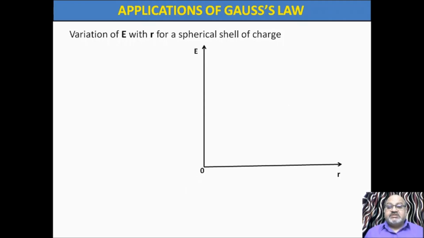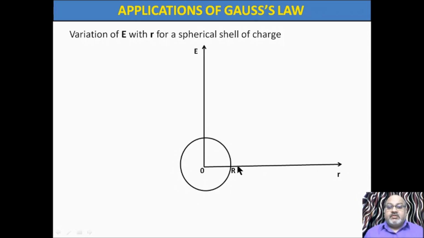This is the origin, and this is the point representing capital R. O is the center of the spherical shell, and this point is the surface of the charged spherical shell, capital R.